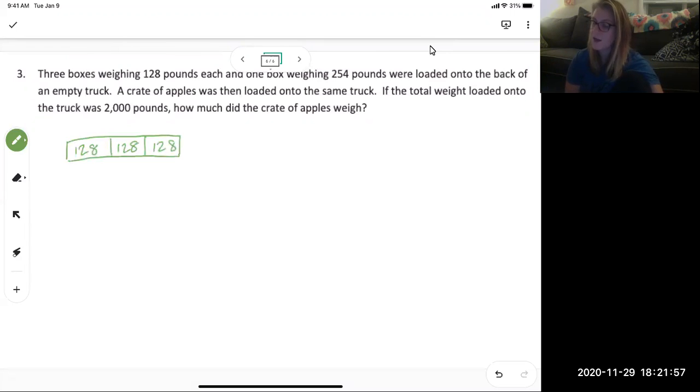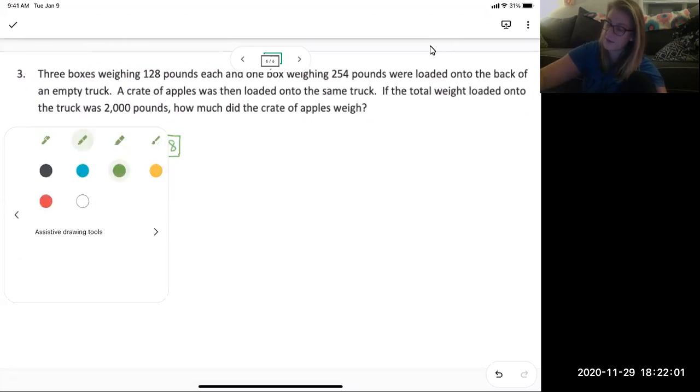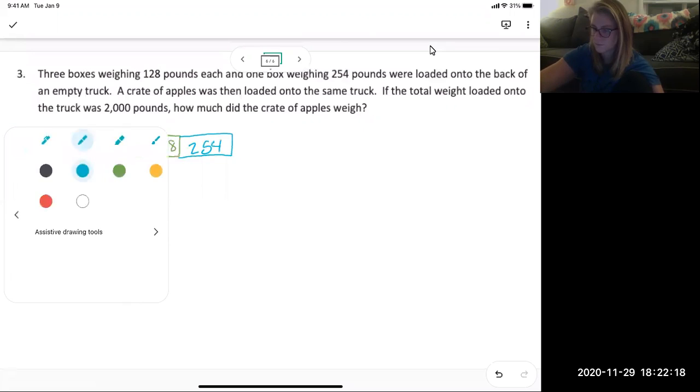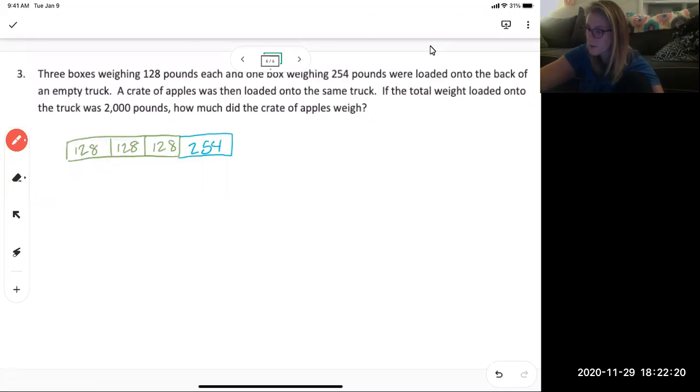Okay. And then 1 box weighing 254 pounds. Now I'm going to change my color just so we can show that it's a different box. Okay. And then we had this crate of apples, which I'll make those red.